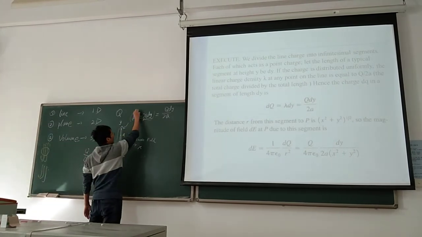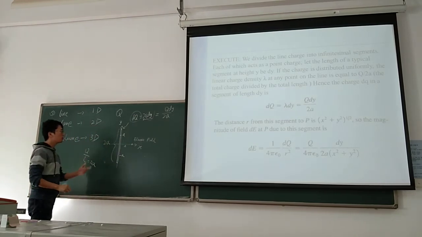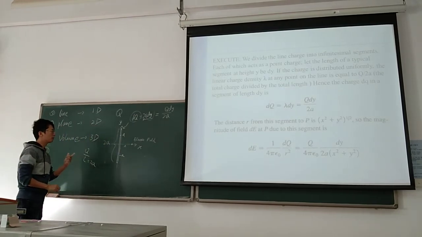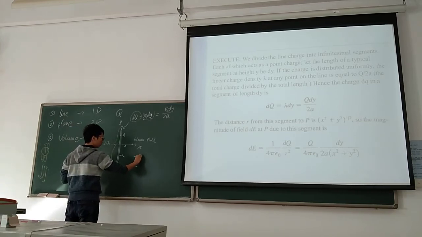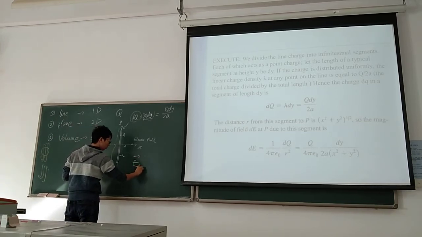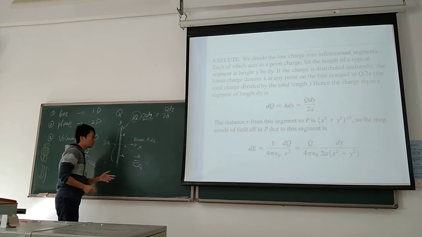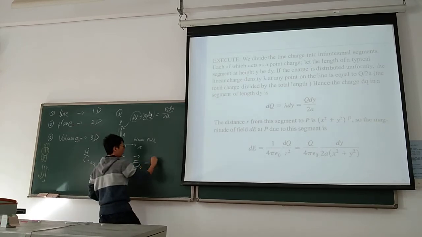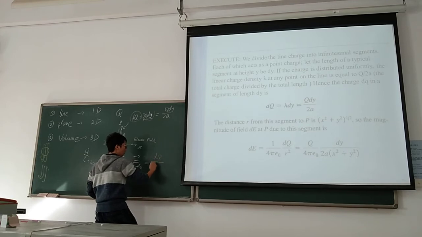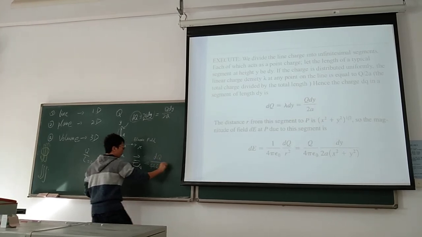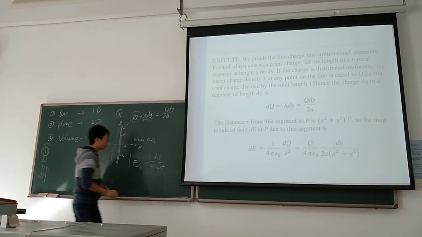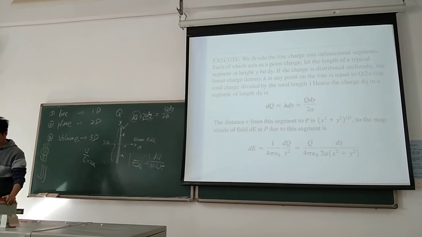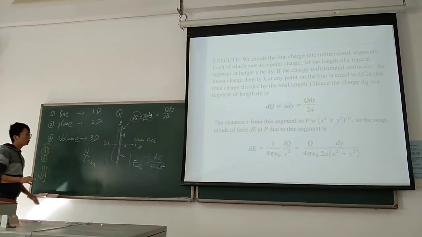And the dq is known. The electric field given by this dq can be calculated using the equation we already know, that is dq over 4 pi epsilon 0 r squared. However, the r is unknown.